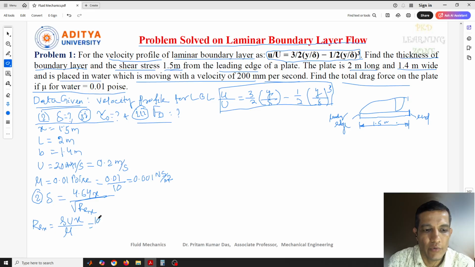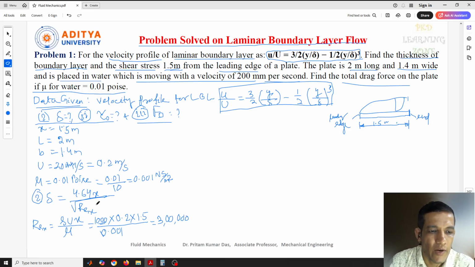Rho is 1000, U is 0.2, x is 1.5, divided by mu, that is 0.001. Solving, 0.2 into 1.5 is 0.3, and 10 to the power minus 3 goes to the upper side, so we get a Reynolds number of 3 lakhs, that is 3 times 10 to the power 5.